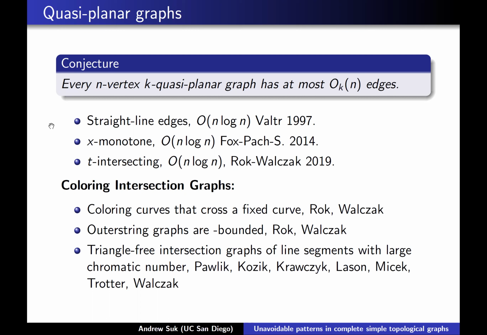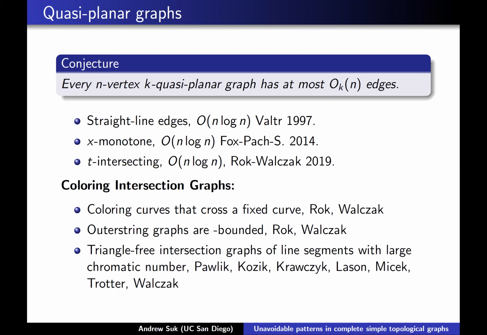So I won't go into this area of research, but since I'm giving a talk in the seminar here, I thought I would at least mention some of these very nice results that are clearly very closely related to this conjecture here. And actually what I'll be kind of focusing on in this talk is what happens in the dense setting when you have a lot of edges.